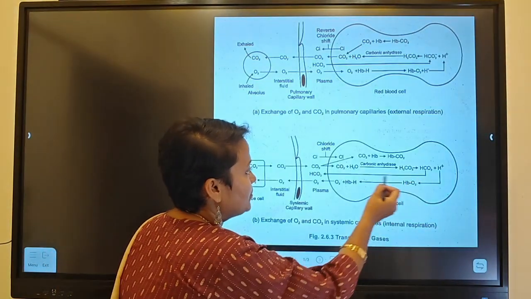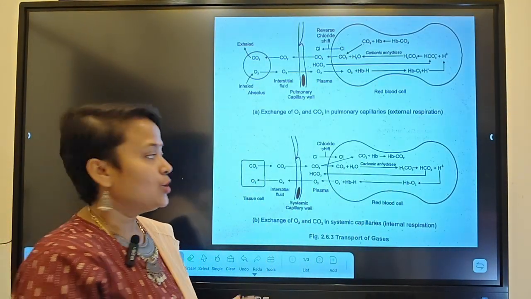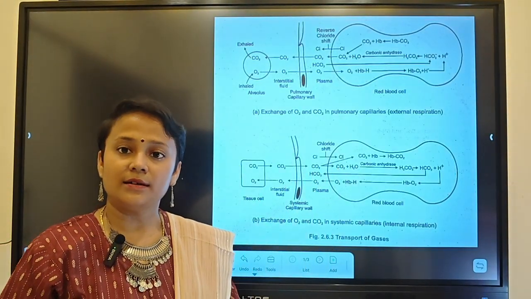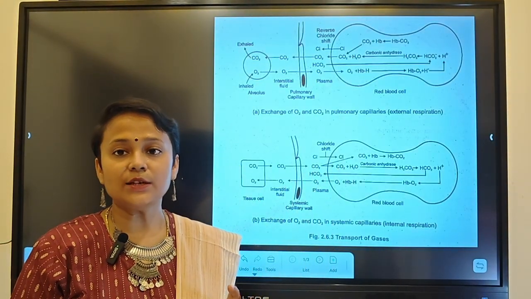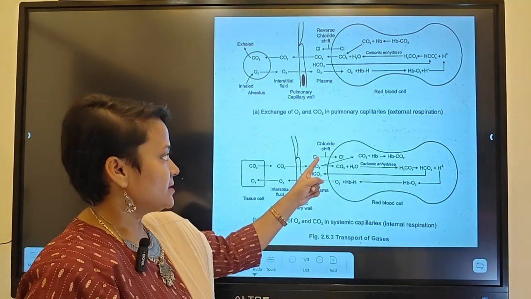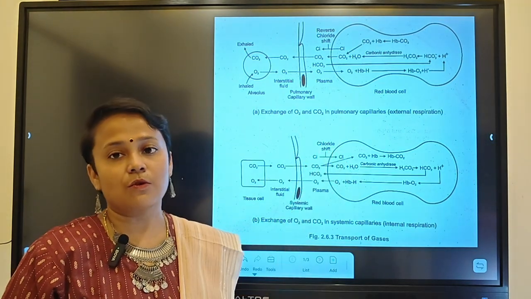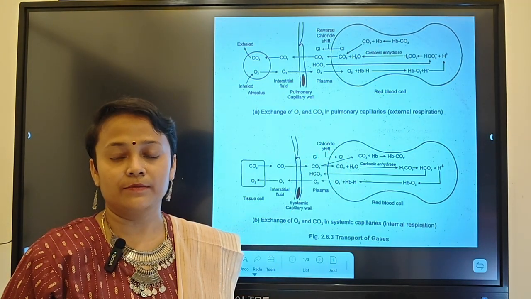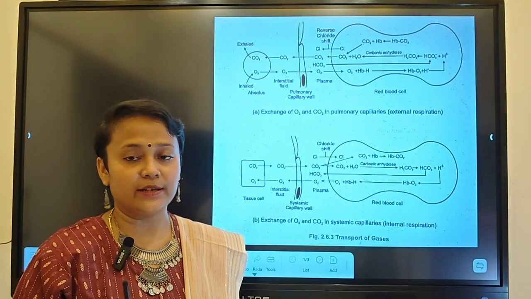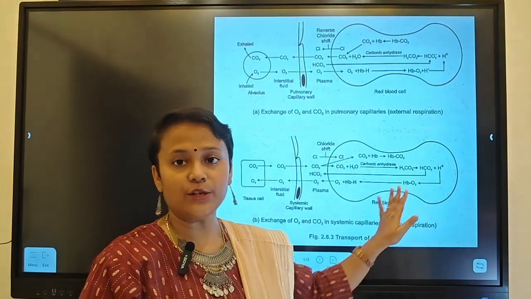But as bicarbonate ion comes out, some chloride ion will enter into the RBC to maintain the equilibrium, or the ionic balance. This effect is called chloride shift, or Hamburger's phenomenon. So the first phenomenon we have discussed is the Hamburger phenomenon. Is that clear? This is what happens in the tissue.